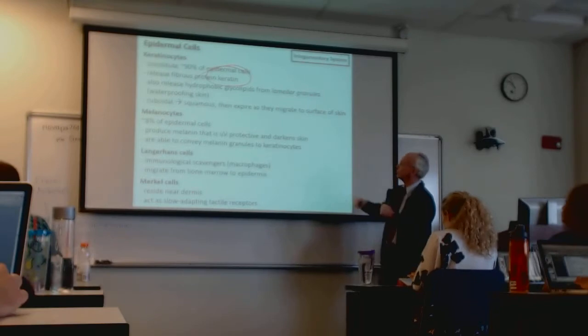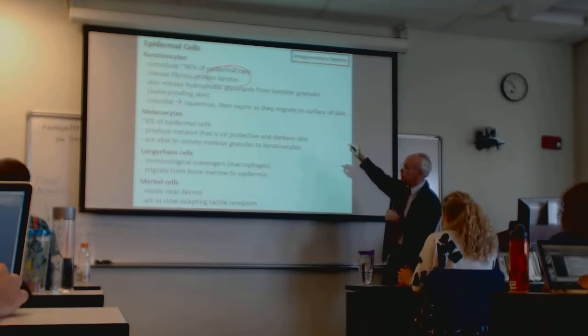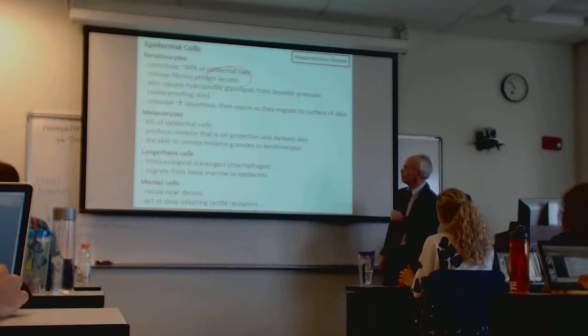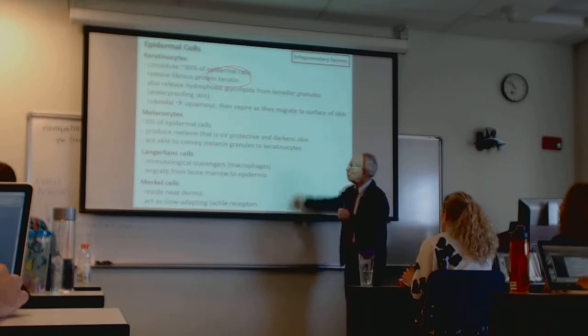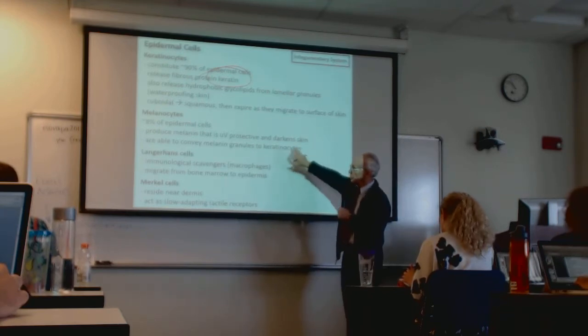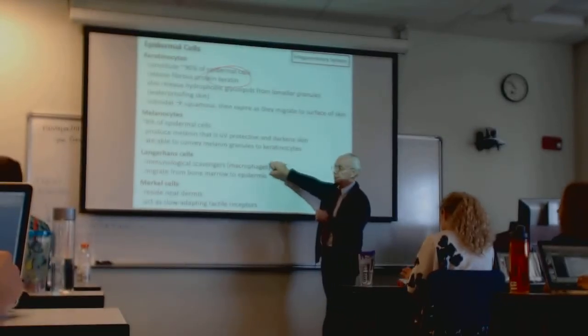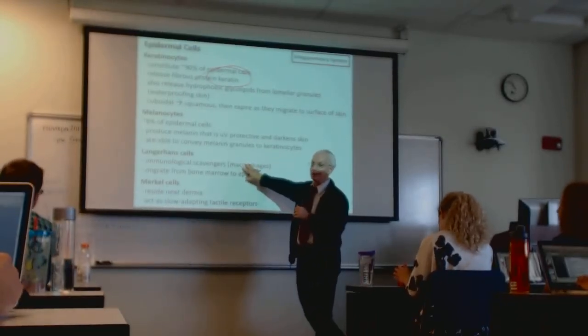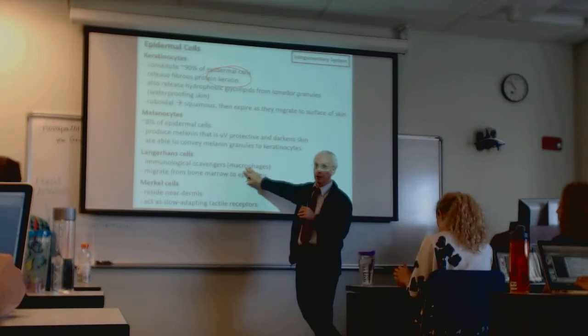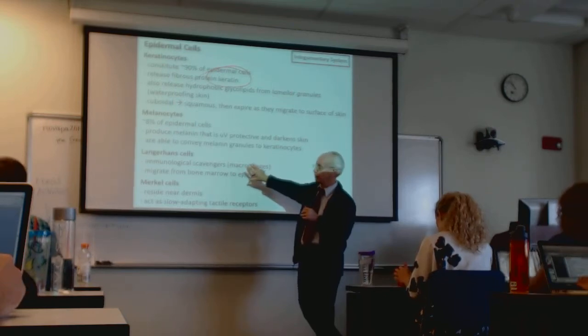Here we've talked about the glycolipids that act to waterproof the skin. We've talked about the fact that stratified epithelium is named for the most superficial layer, therefore we describe this epithelium as stratified squamous. And we've talked about the importance of the melanocytes, the Langerhans cells, but keep in mind, while the Langerhans cell is an epidermal macrophage, it is not the only immunological cell in the epidermis. The keratinocytes play a very important role.